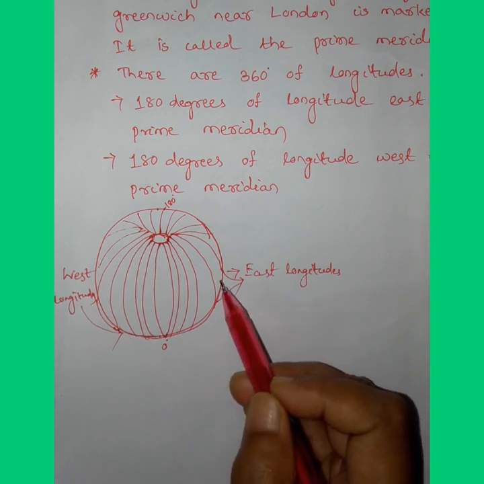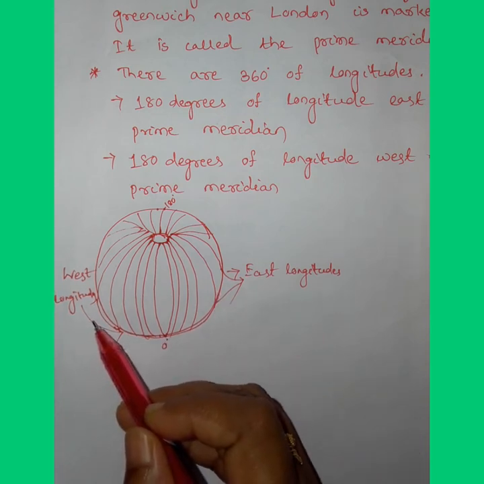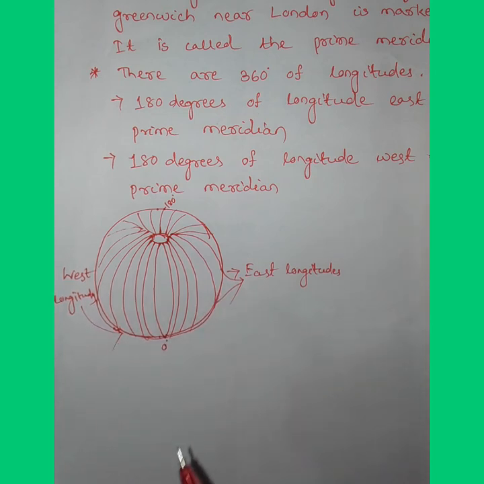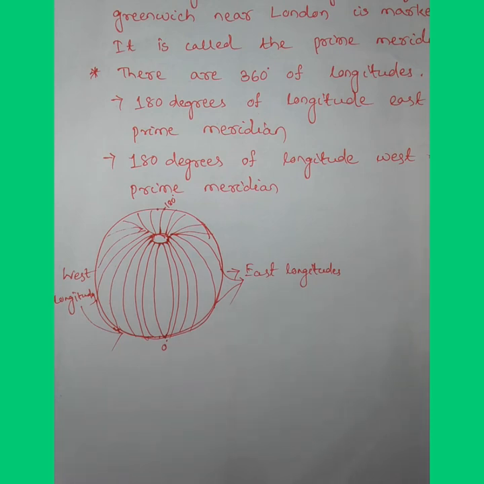Totally, the number of longitudes is 360.